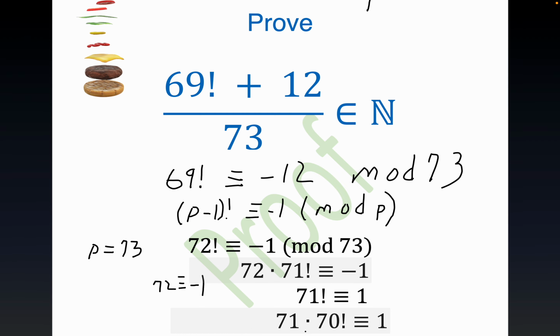And so that's how this statement became this statement. You can replace this with negative 1, multiply through, and you get 71 factorial is congruent to 1. That's just an example of the power of modular arithmetic.